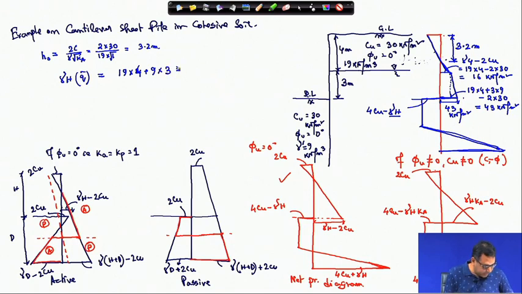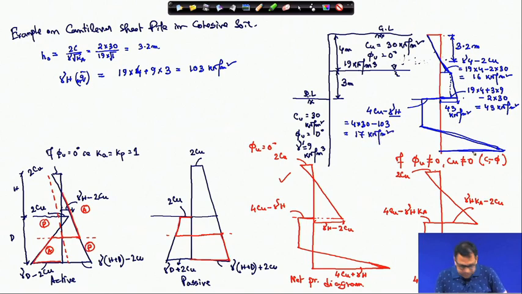So, this value is 103 kilonewton per meter square, because this gamma h we will use here. So, this value is 4 into 30 minus 103, which is equal to 17 kilonewton per meter square.